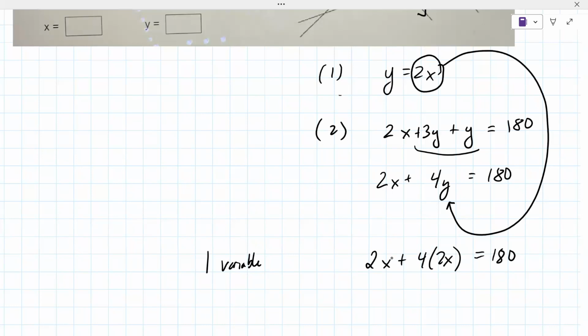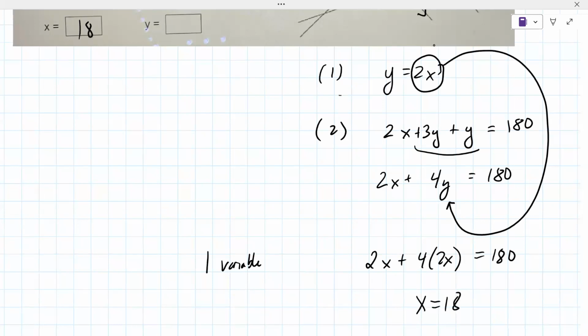Sure. 18. This is 18, perfect. Now to get y, you go back to the equation where it's solved for y.